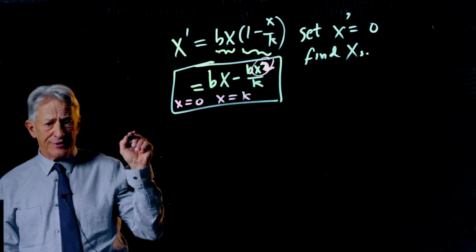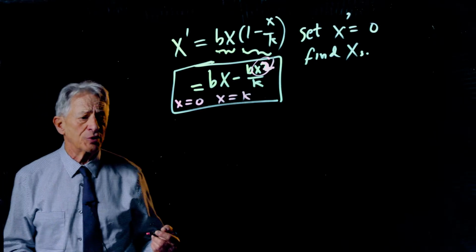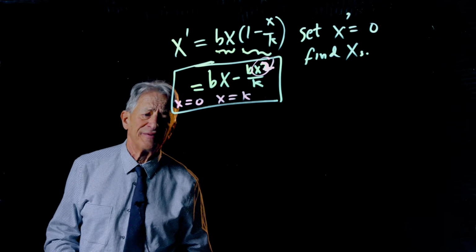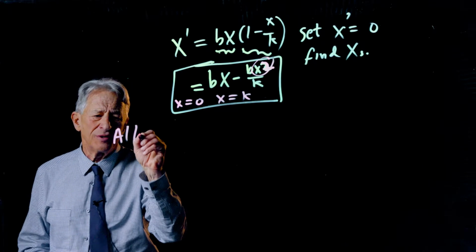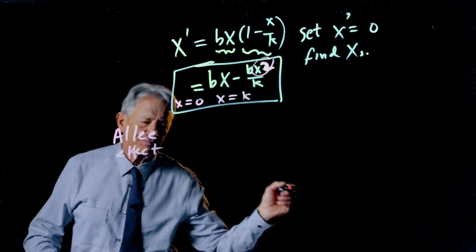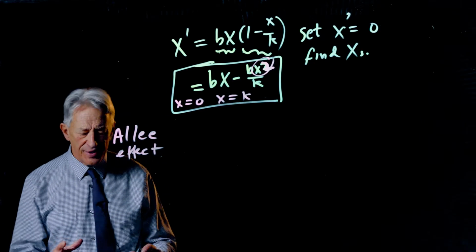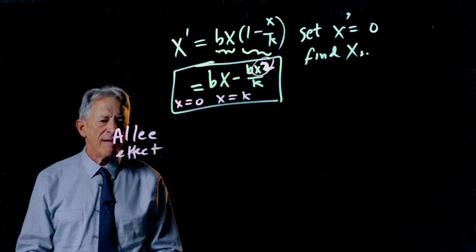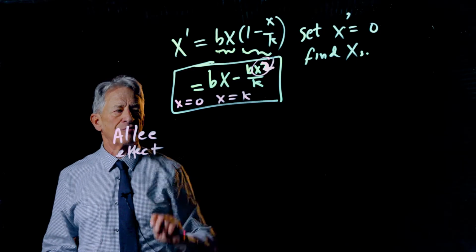I want to go a little deeper into this, and I want to introduce a new model, which we're going to see a lot of. And the model is called the Allee effect. And it says that it agrees with this, and it says, yes, there is a growth rate.